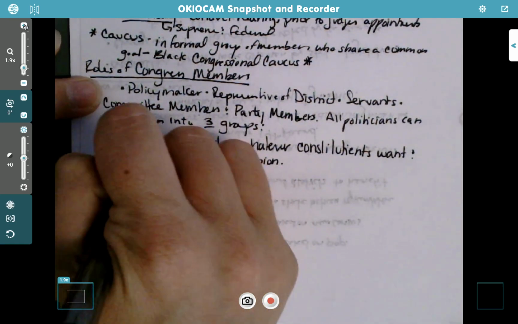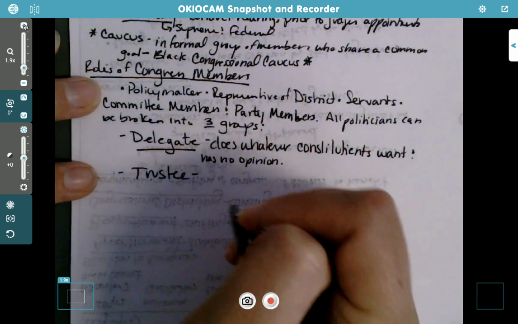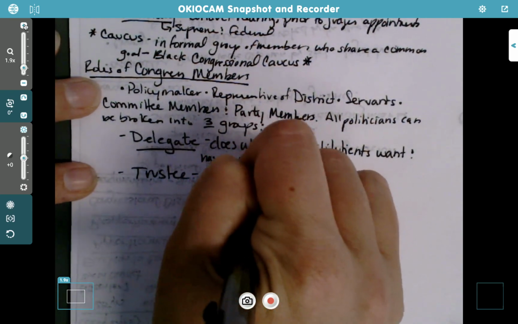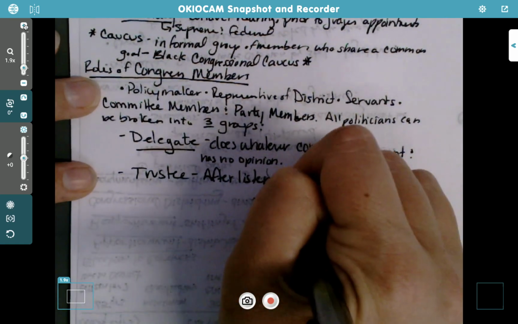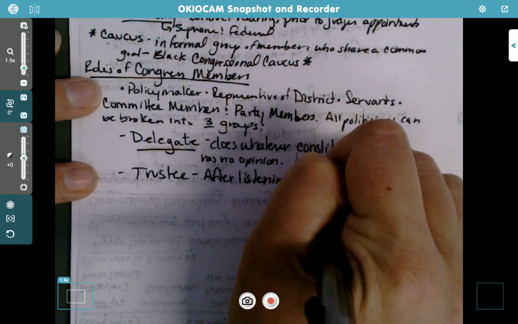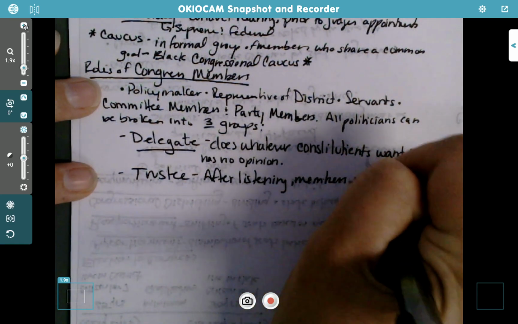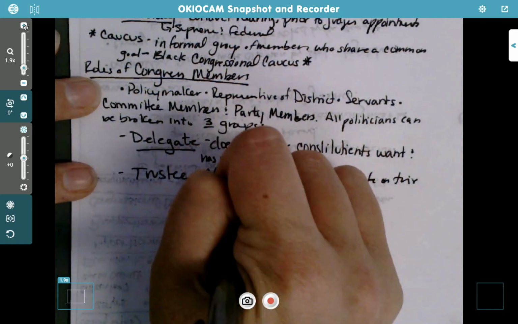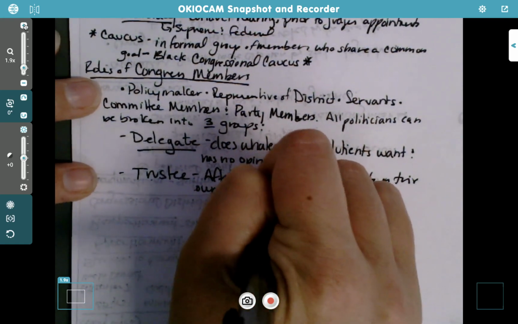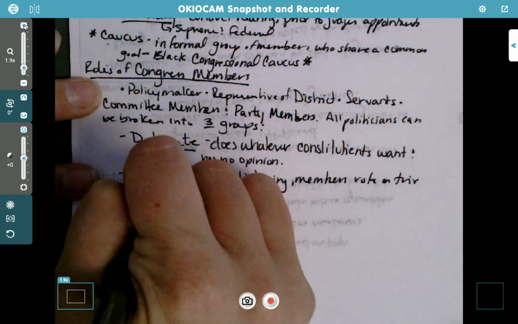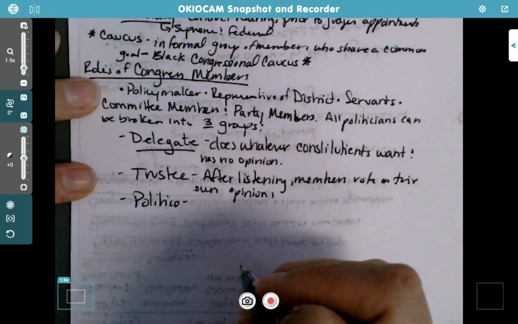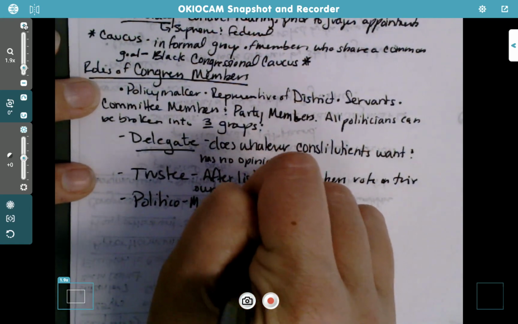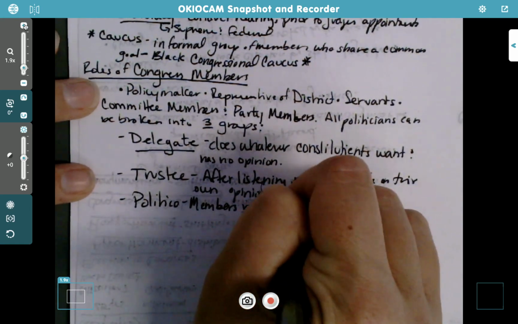Then we have a trustee. After listening, members vote on their own opinions. Then you have Politico, which members vote on party lines.